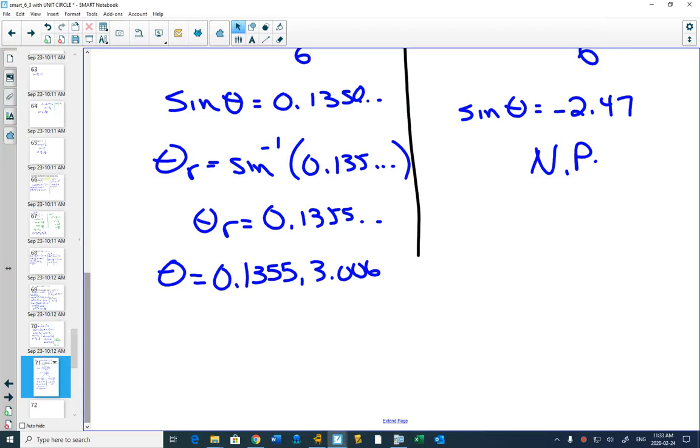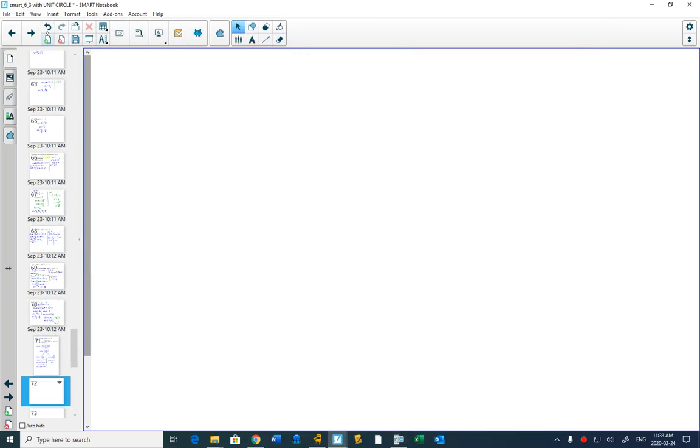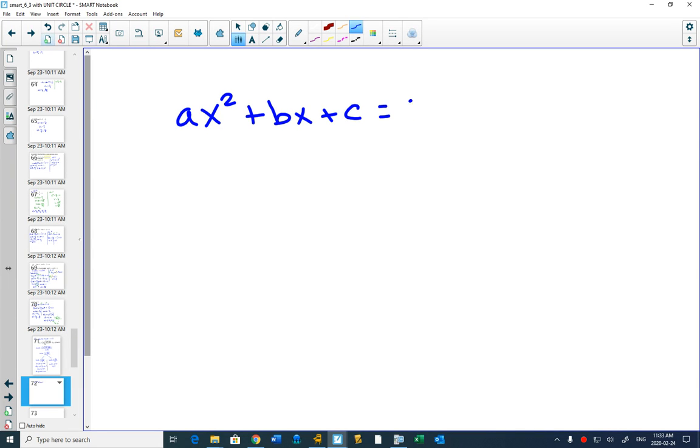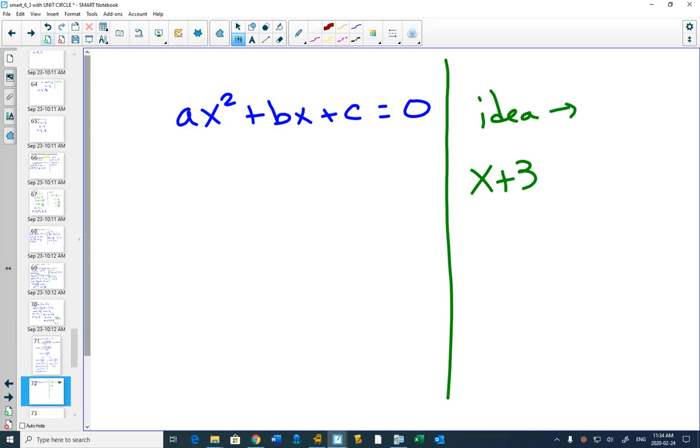But someone had said, where does the quadratic formula come from? The idea comes from here. If you had a parabola in vertex form, let's say I have (2x + 3)^2 - 7 = 0.